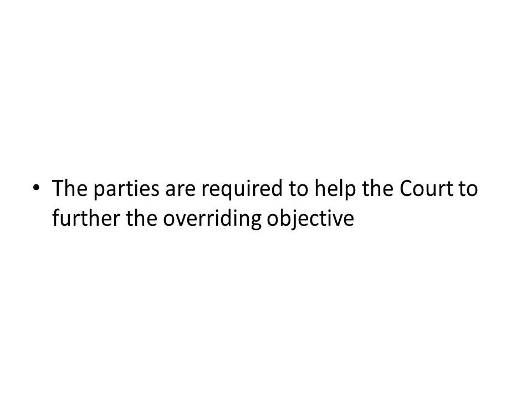The parties are required to help the court to further the overriding objective. This is a very important point, hence the slide on its own, and you should take this very seriously. It isn't simply something that you can use to attack the other side's conduct, but you must be very conscious of the fact that you, as a claimant, are required to help the court to further the overriding objective.